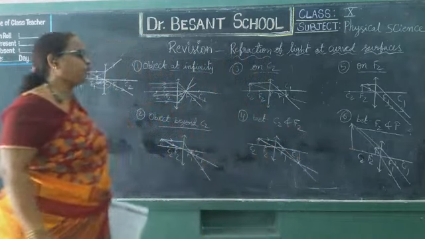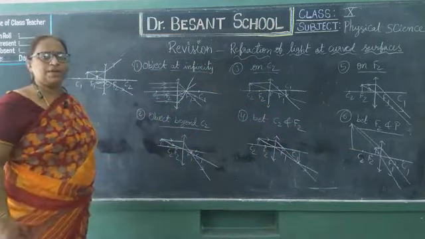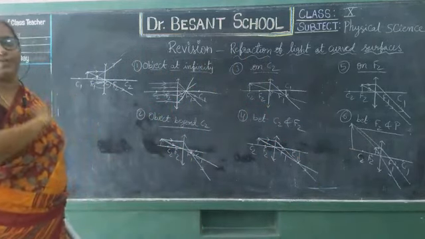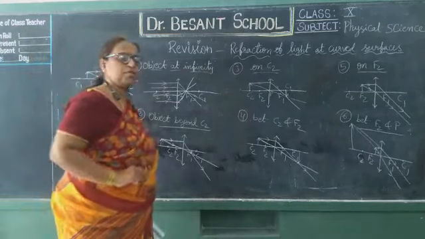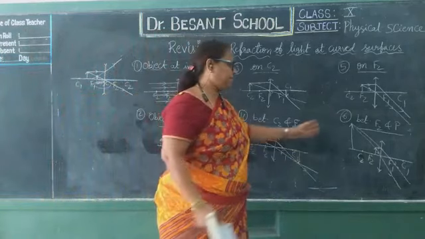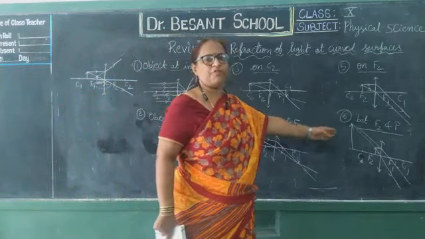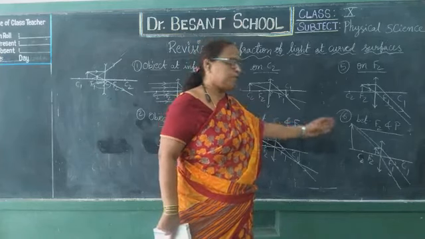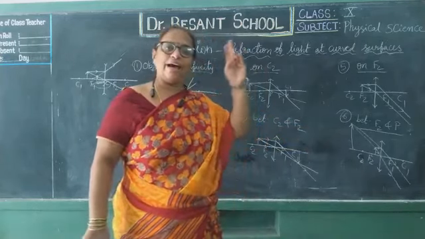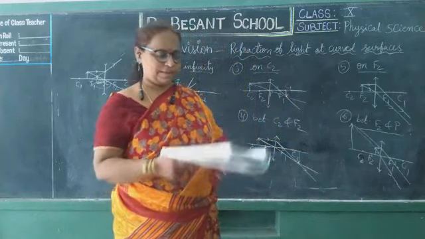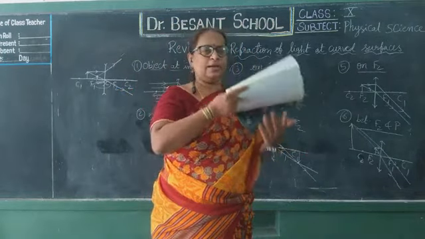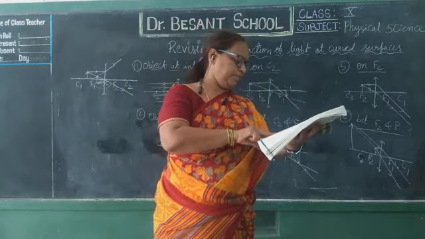A concave lens also forms a virtual image, but it forms a virtual, erect and diminished image, whereas a convex lens does not always. If the object is placed between focus and optic center, it forms a virtual, erect and enlarged image. Clear, children? These are our ray diagrams, which are very, very important.